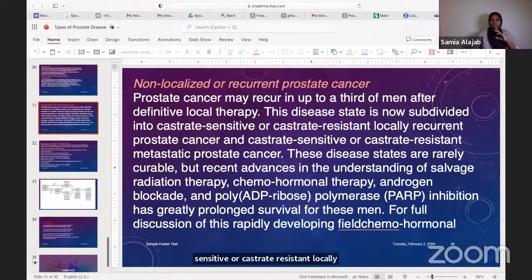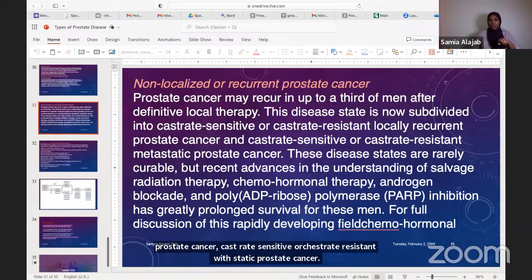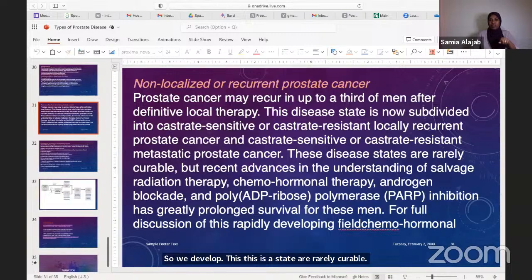So it depends. These disease states are rarely curable, but recent advances in the understanding of salvage radiation therapy, chemohormonal therapy, and androgen blockade, or even poly-ADP ribose polymerase (PARP) inhibition, have greatly prolonged survival of these men.